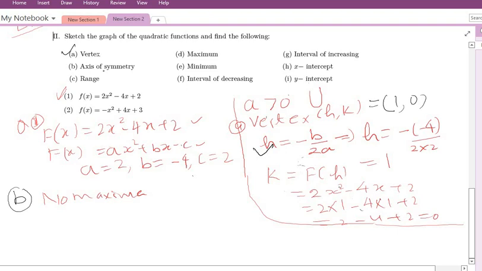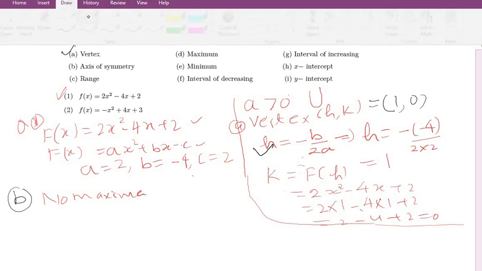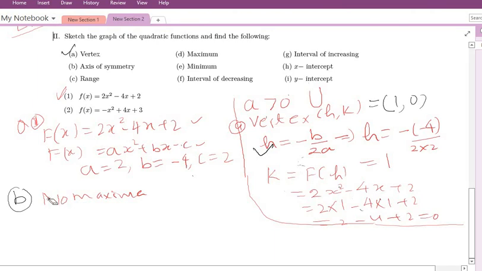Sorry, this is the D part. No maxima, I wrote it by mistake. So this is not the B part. The B part is another value: axis of symmetry.